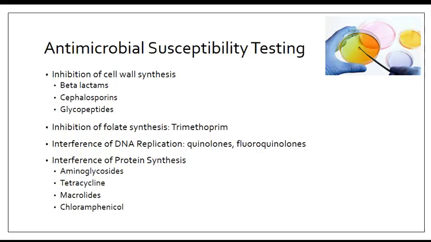So this is kind of a little summary page that's not in your notes. The ones that inhibit cell wall synthesis are the beta-lactams like penicillin, ampicillin. The cephalosporins, I think all of these start with a C. The ones in your notes are, but that's like ceftriaxone.